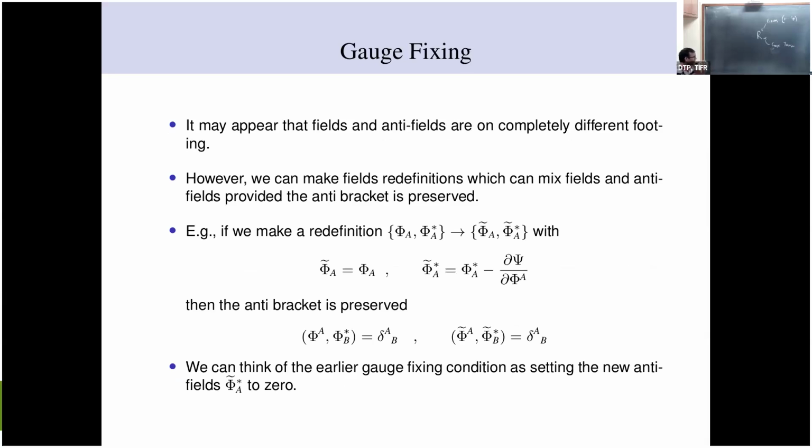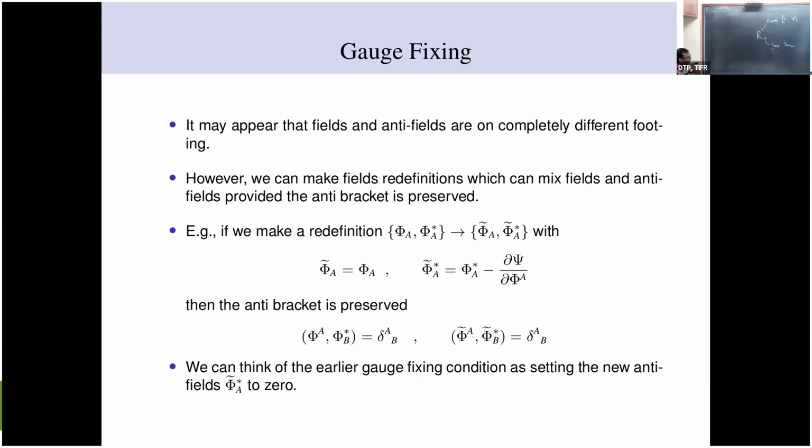Okay. So it may appear that fields and anti-fields are on a completely different footing. But as we mentioned earlier, we can make a field redefinition which mixes fields and anti-fields, provided the anti-bracket is preserved. For example, if you make this redefinition, phi tilde A is given by phi A, and phi tilde A star is given by phi star A minus del psi by del phi A. Then you can show that the anti-bracket is preserved.